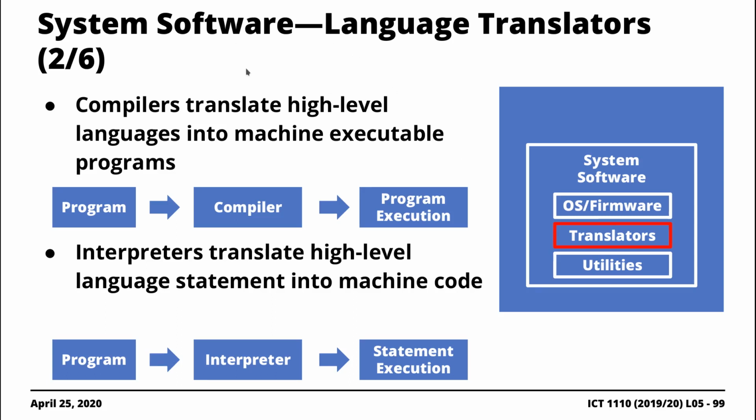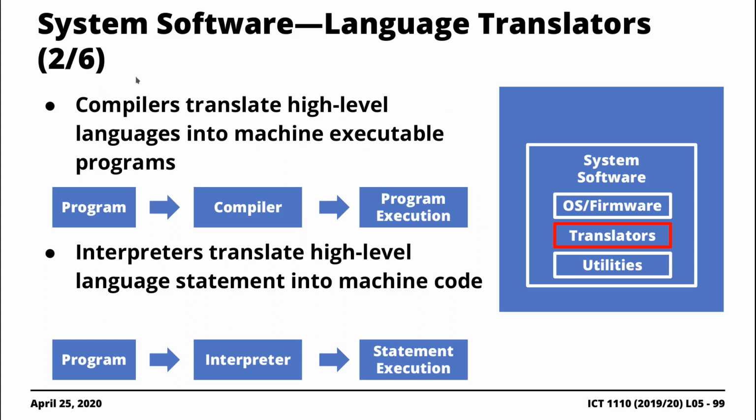With compilers, what typically happens is the high-level program instructions are converted into an equivalent machine executable program, right? So the outcome when a compiler is used is a program which can then be executed by the machine. Interpreters, on the other hand, will typically translate the statements associated with this high-level programming language, right? So this is done instruction by instruction.